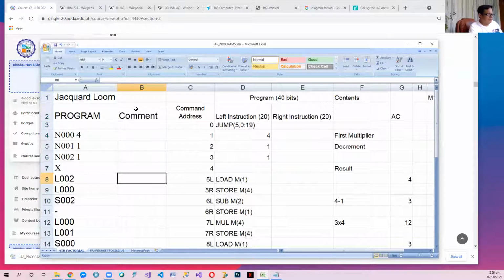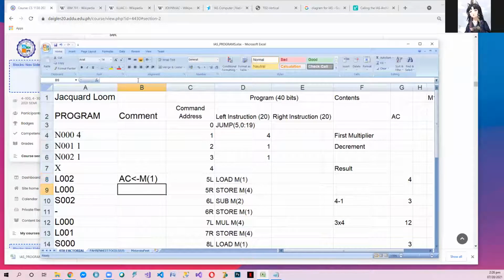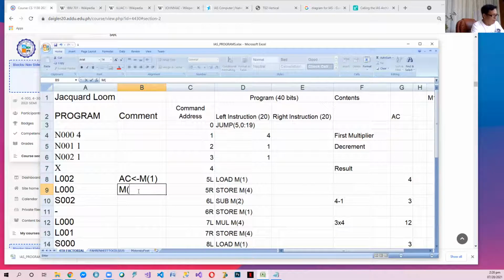What does load M1 mean? AC receives M of 1. That's what it means. When you say store M4, it means that M of 4 receives AC.